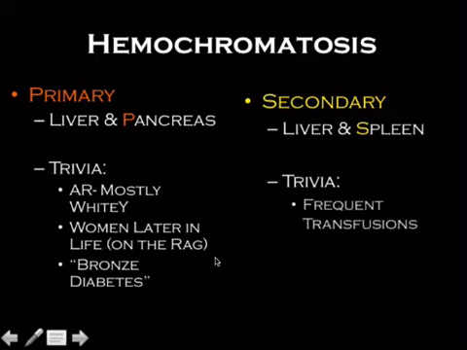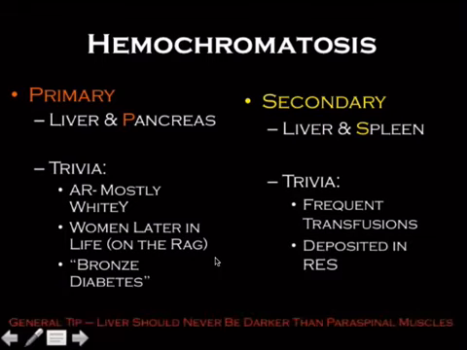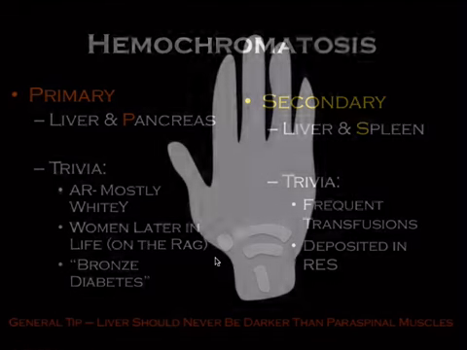And then the secondary type, which occurs from frequent transfusions, and this is obviously much more common. As a general tip, the liver should never be darker than the paraspinal musculature, and if you see that, you should be thinking that that is abnormal.